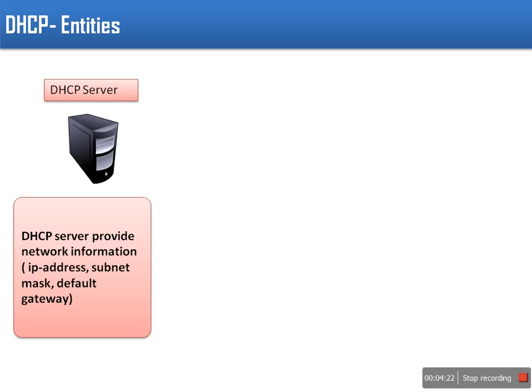Once that duration has expired, this server can assign the same address to another system. This server also maintains a data storage, in which it keeps track of how many addresses are already allotted and how many are available.